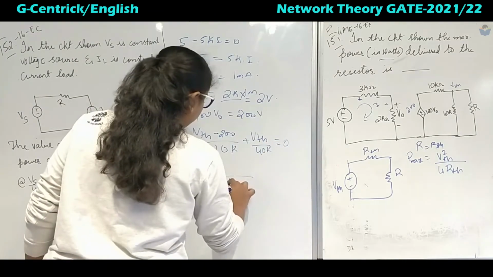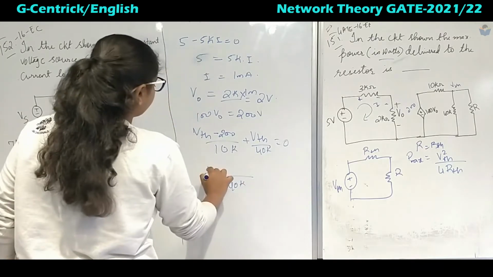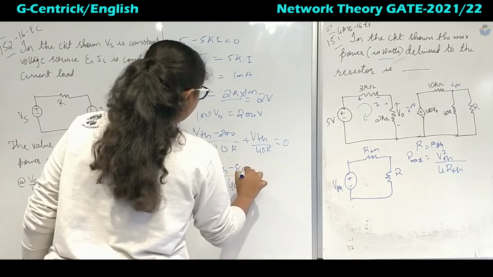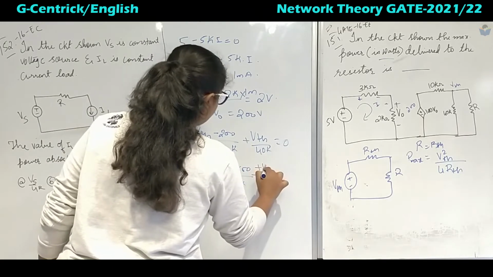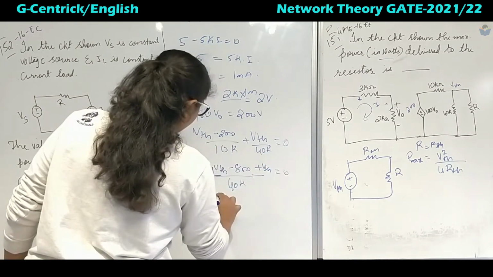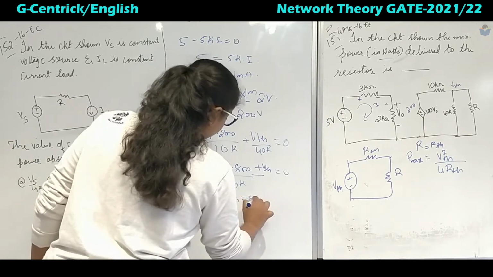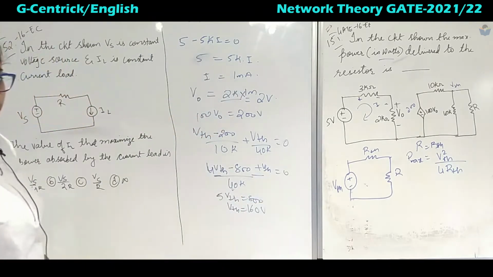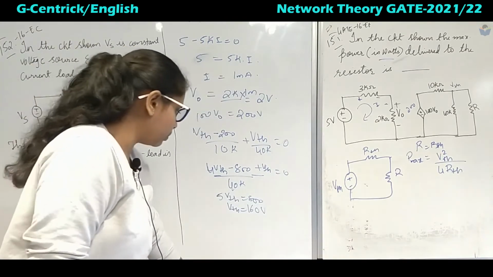Then the LCM is 40k, so 4 VTH minus 800 plus VTH equals 0. So 5 VTH equals 800 and VTH comes out to be 160 volts. So we came to know what VTH is.